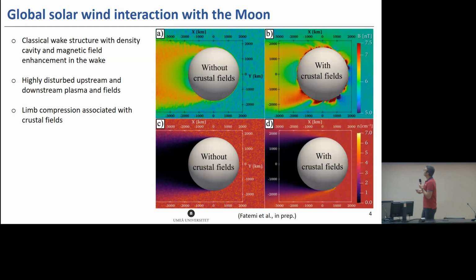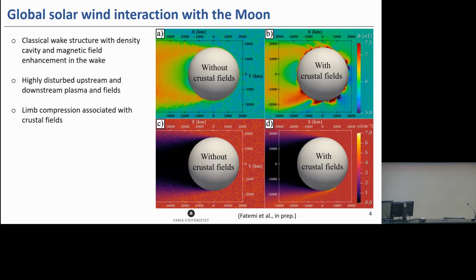When we include the crustal field, however, you can see that there are a lot of disturbances happening both upstream of the moon as well as in the wake. Here we have set the limit of our color bar such that it matches with the condition that there is no crustal field, so don't get confused by these extremely large patterns here.